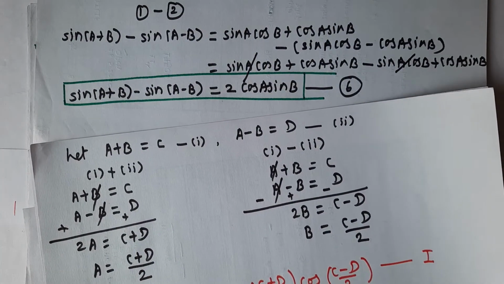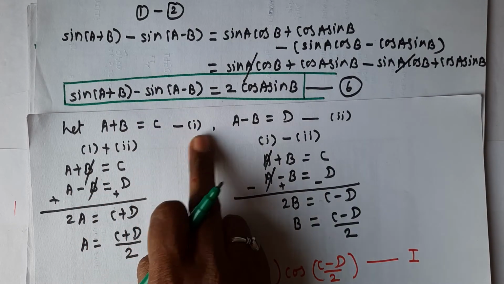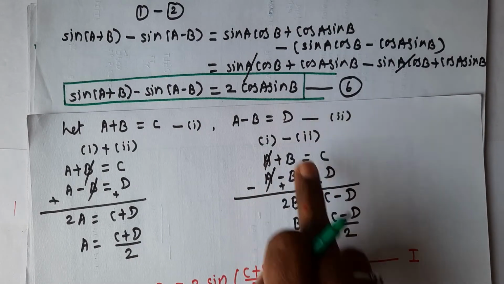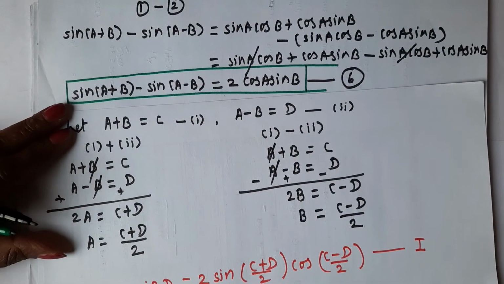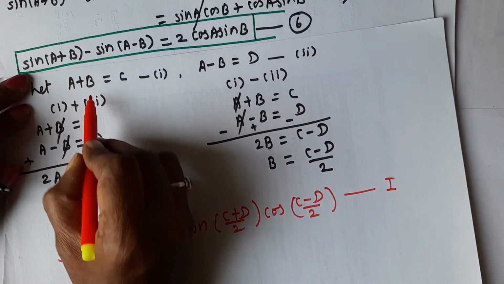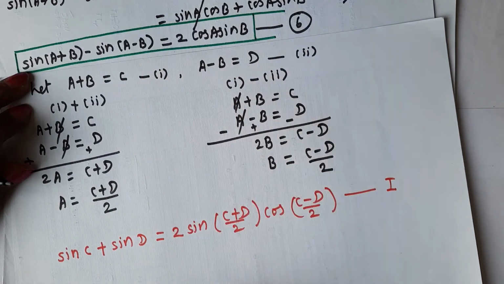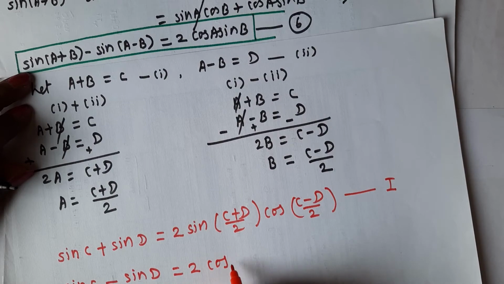Now this is our sixth formula. In this formula we will keep the value of a plus b as c, value of a minus b as d, and value of a as c plus d by 2, and value of b as c minus d by 2. Okay. Now if I keep value of a plus b as c and a minus b as d in this formula, it becomes sin c minus sin d is equal to 2 times cos.